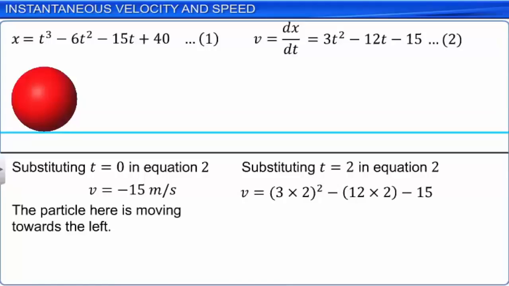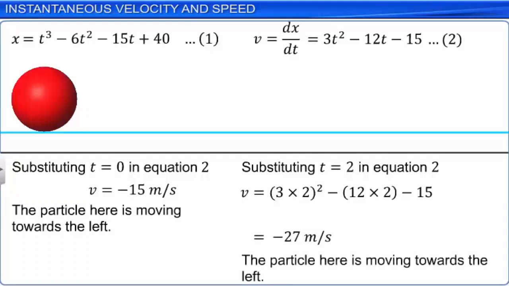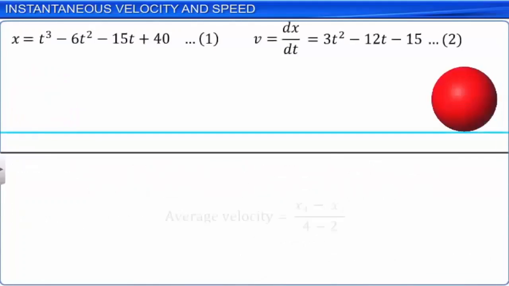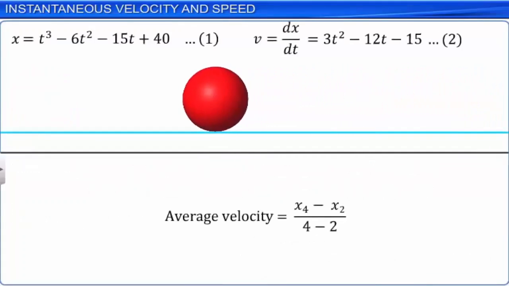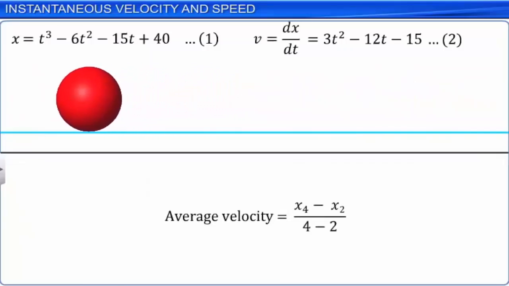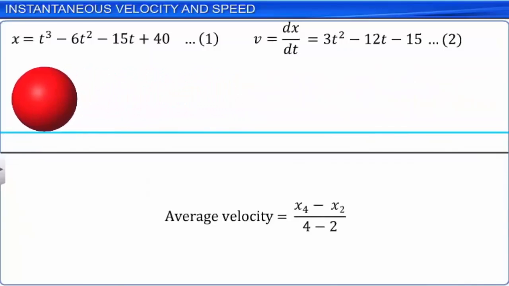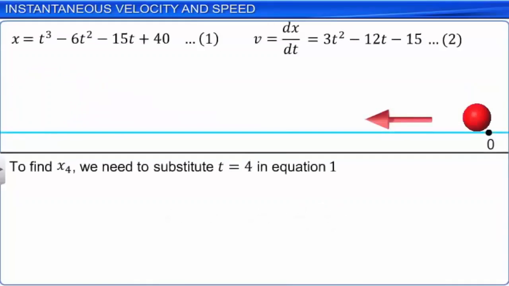Average velocity is equal to (x4 − x2)/(4 − 2). To find x4, we need to substitute t = 4 in equation 1. x4 = 4³ − 6 × 4² − 15 × 4 + 40 = −52 meters.